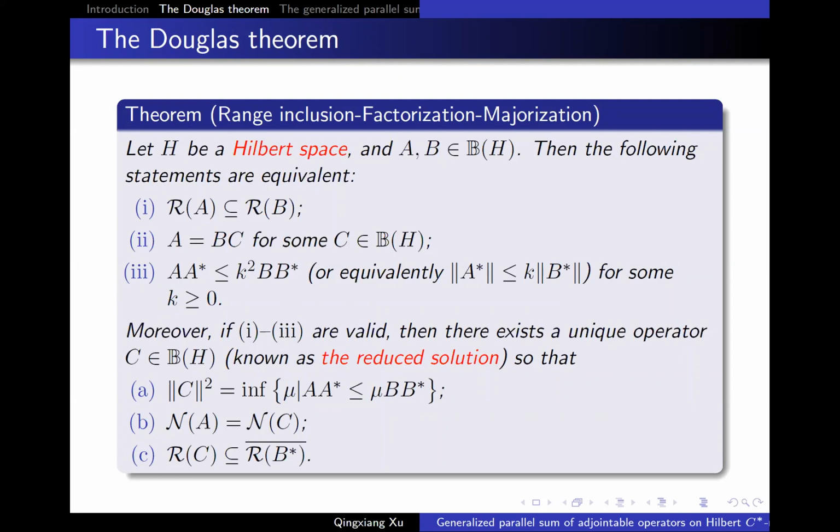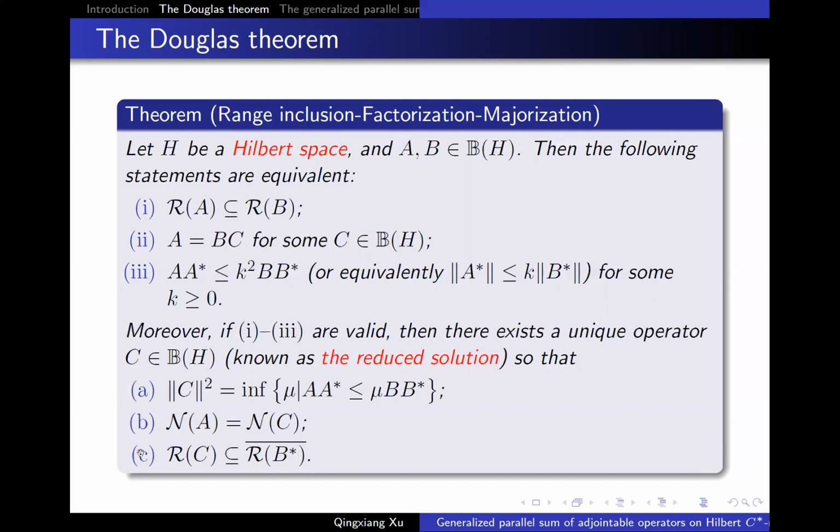Of course, this condition is equivalent to an inequality. And Douglas proves that all these three items are the same. In addition, he showed that if this condition is satisfied, then there exists a unique operator, which is known as the reduced solution, which satisfies the following three conditions.